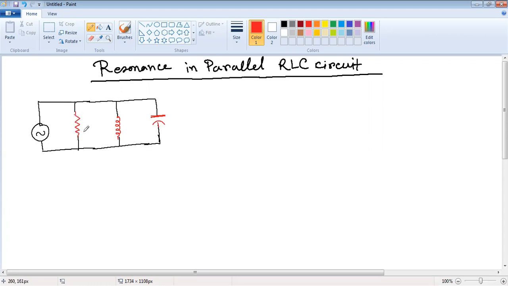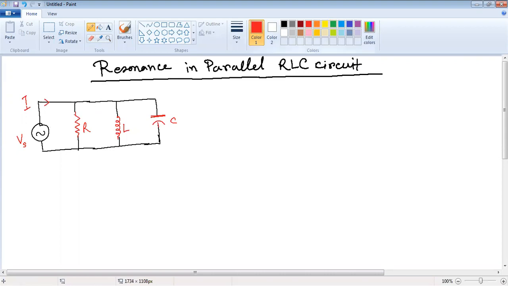Okay, so this is the R, this is the L, and then the C. This is V, a sinusoidal wave, an AC source voltage, and the current flowing is I. This I is the RMS current, and this V is the RMS voltage.